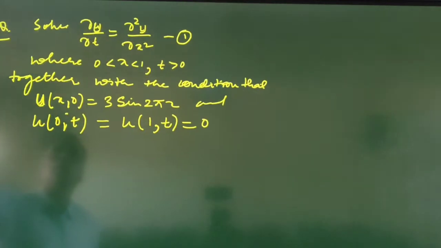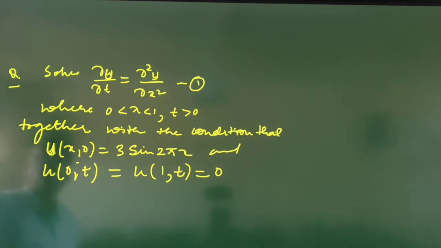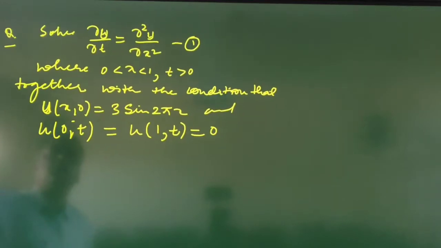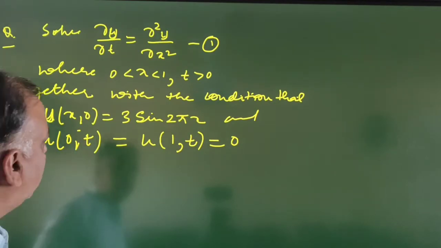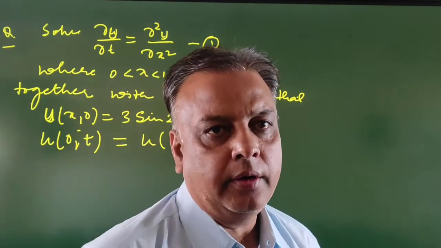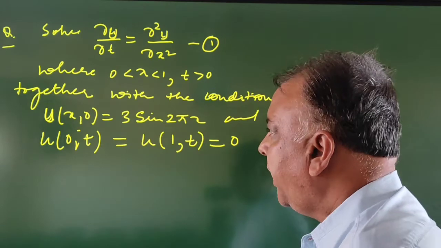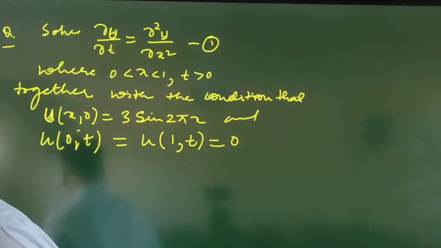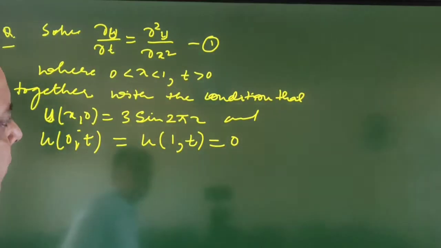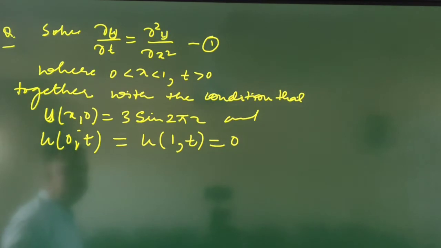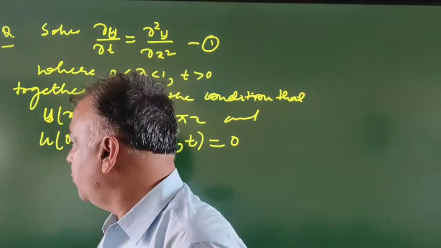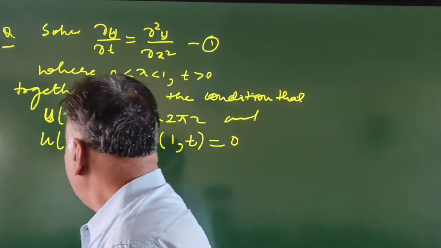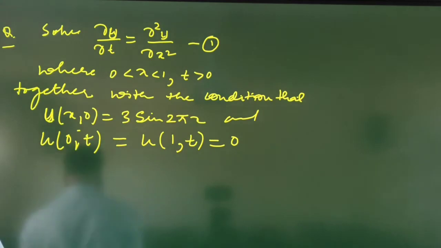So, we have to solve the partial differential equation ∂u/∂t = ∂²u/∂x², where x lies between 0 and 1 and t is greater than 0, subject to the given conditions.